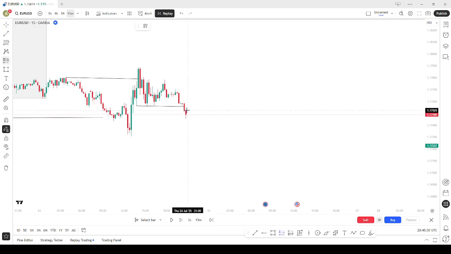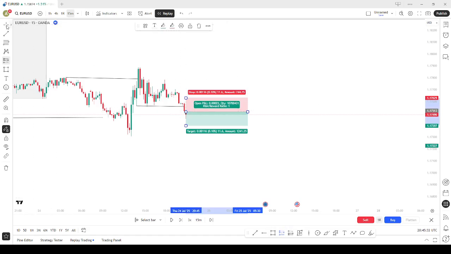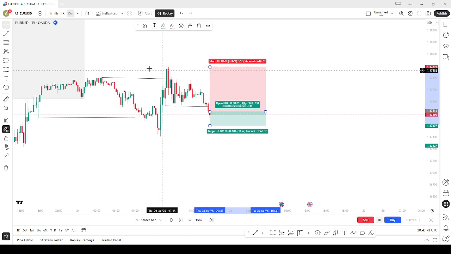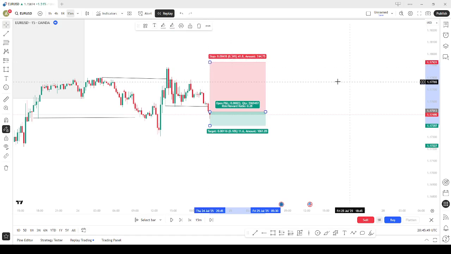I normally enter at this moment. Since it's a 15-minute chart, I just put the stop loss there, right? And maybe, since it has equal highs, I can stretch it just a little bit. Now, how am I going to get my targets?